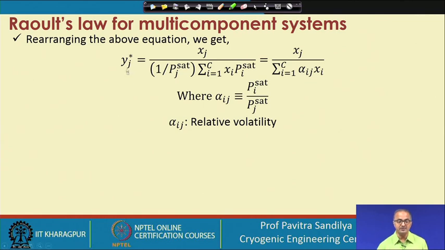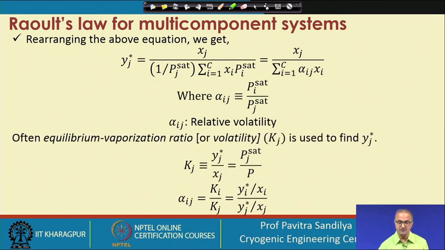So now we are representing Yj in terms of the relative volatility. Here we have the equilibrium vaporization ratio, or volatility, Kj, which is defined as Yj star by Xj equal to Pj sat by P. This can also be written in terms of relative volatility as Ki by Kj, and this is how we get it in terms of the mole fractions of components i and j in the vapor and liquid phase respectively.